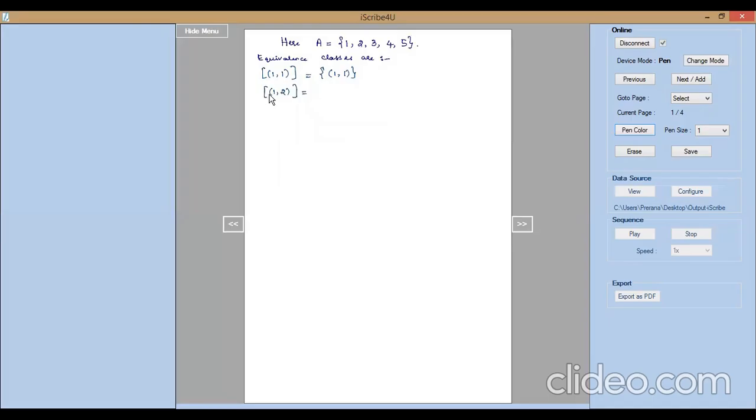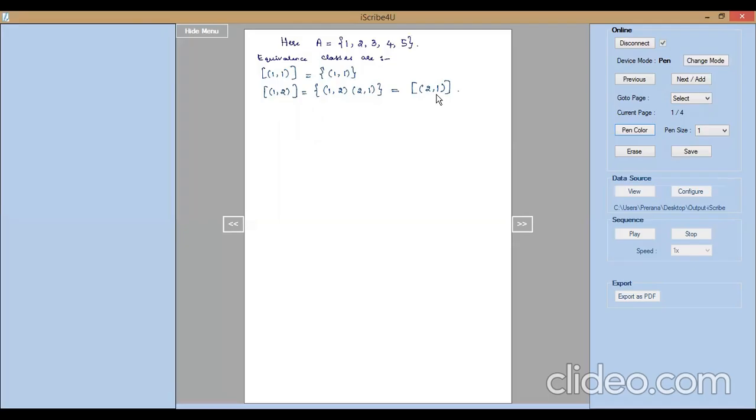According to the definition, 2 plus 1, so sum should be equal to 3. So which ordered pairs can I consider? 1, 2 and 2, 1. So is this one and the same as writing the equivalence class of 2, 1 also? So 1, 2 is the same as the equivalence class of 2, 1, because again here the sum will be equal to 3. That is why this will be the same for 2, 1 also.